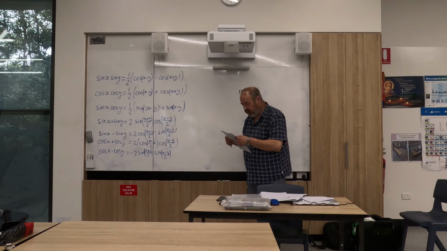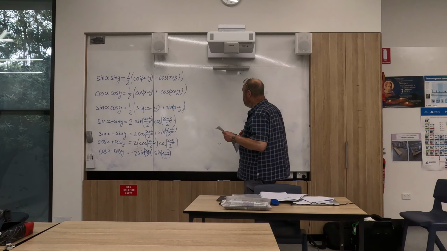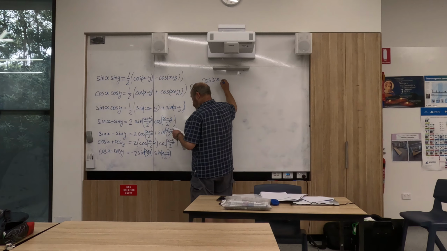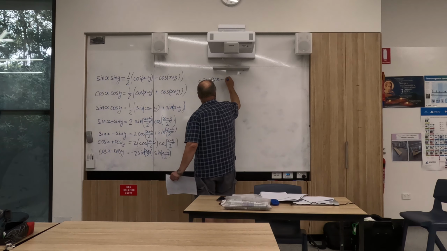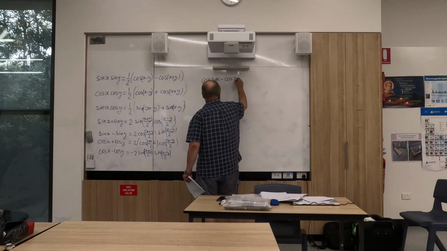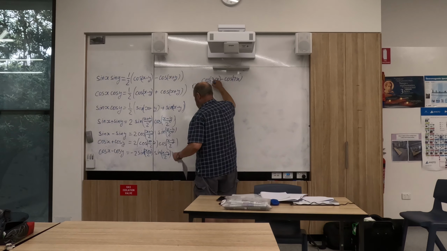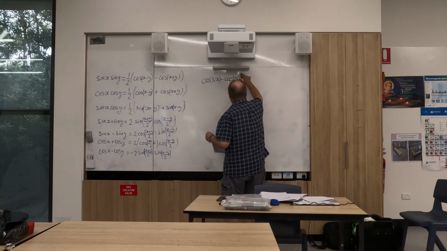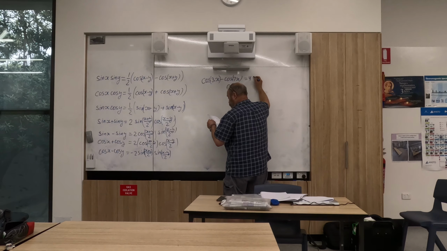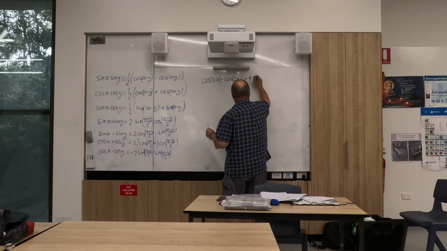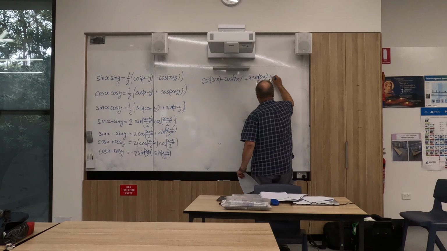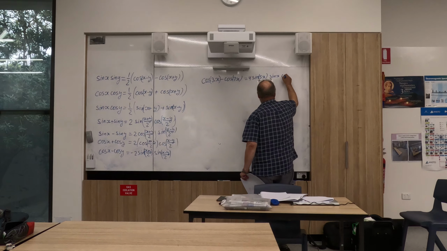Prove the next identity: cos 3x minus cos 7x equals 4 sine 5x times sine x cos x.